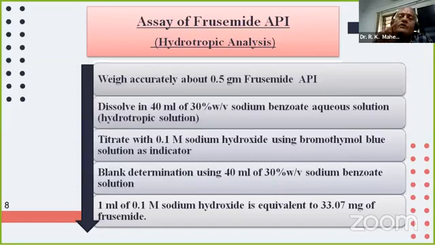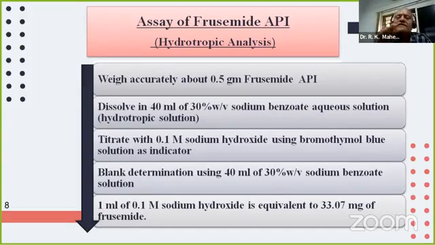So not only is your method economic, the main thing is that human beings are prevented from exposure to the fumes of dimethylformamide, which is a class 2 harmful organic solvent. So here, the sodium benzoate aqueous solution, a hydrotropic solution, is employed to replace the class 2 organic solvent DMF, and with 100% accuracy you get the result.